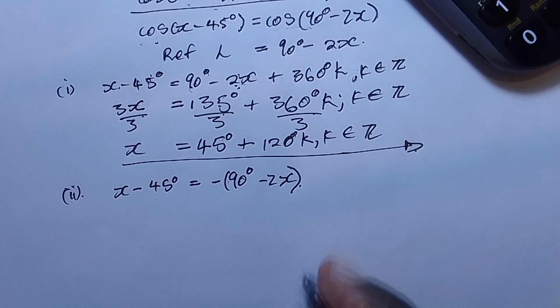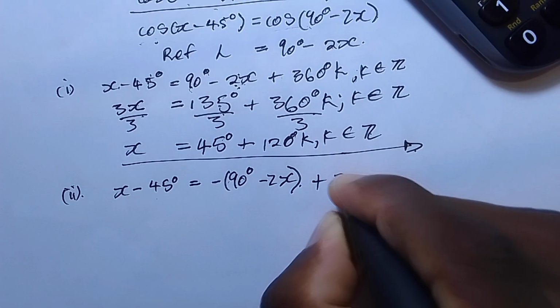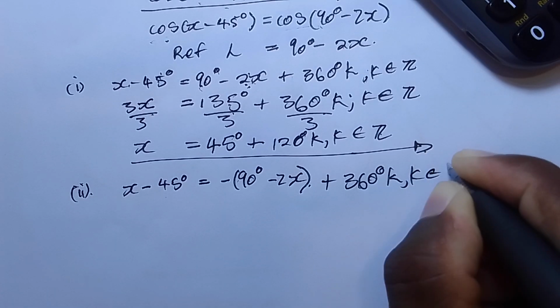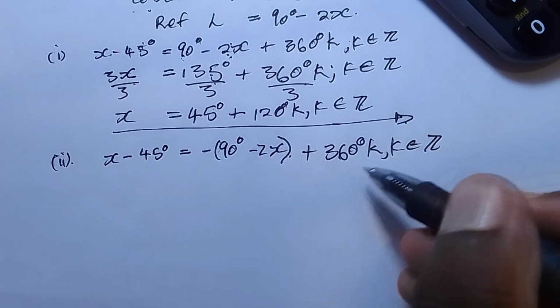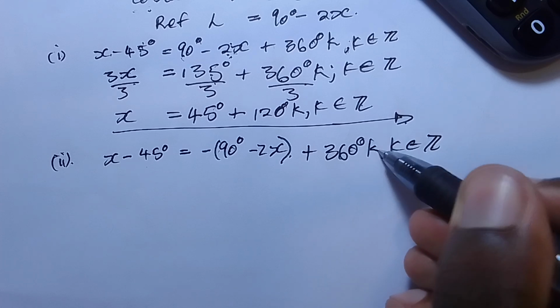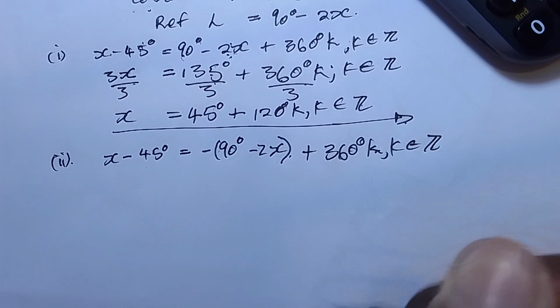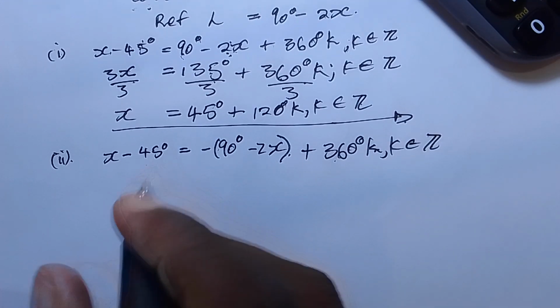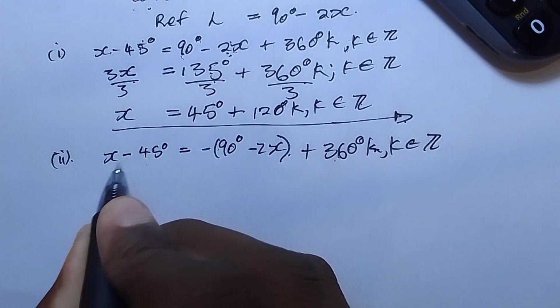Right, I said negative, but you add this 360°k, where k is an element of integers. I don't know what you guys use. I think you say k times 360 or something, but it's the same if you're multiplying the variable by the constant, as long as that's multiplied.